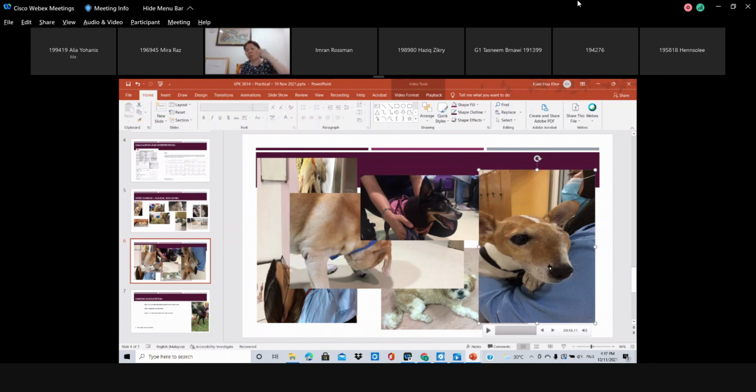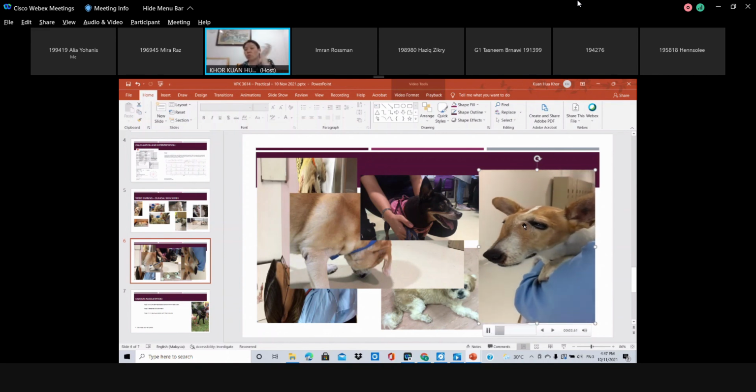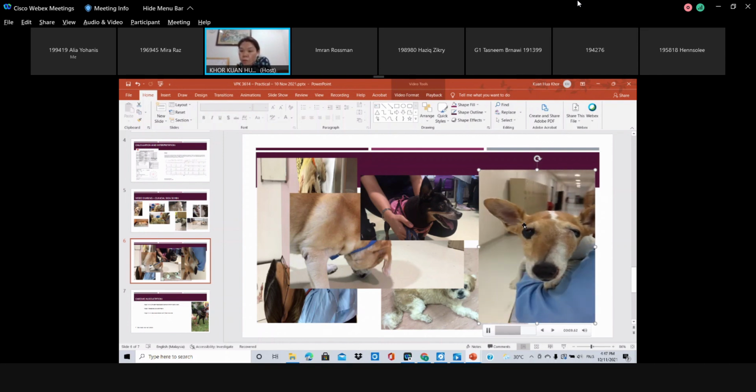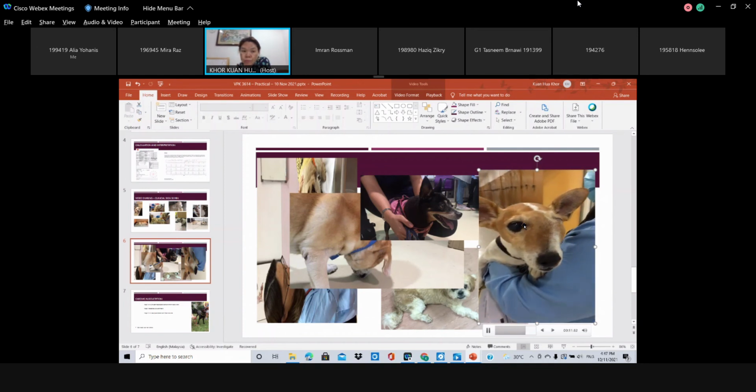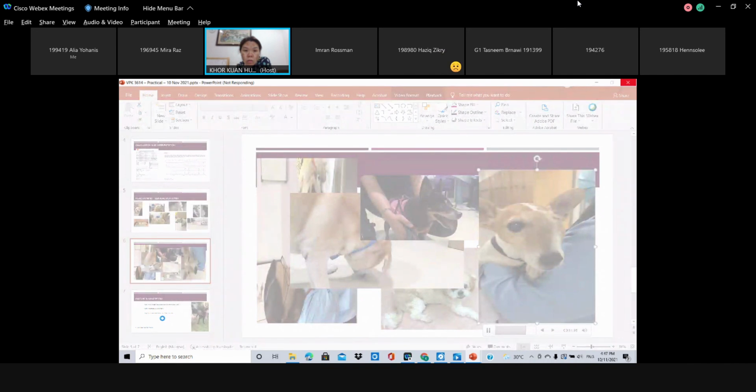So practically this dog is actually trying to breathe, but he's using his mouth to breathe. At the same time, he's also using his nasal cavity to breathe. So he's got a cancer. Okay, so that's about all.